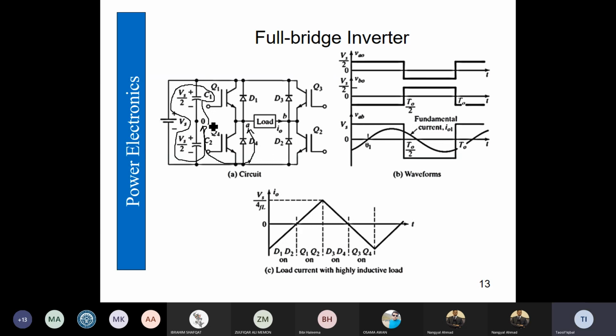This is basically a virtual ground. So therefore, we will be getting the voltage as Vs by 2 and minus Vs by 2 when we are connecting and operating the full bridge. So how we are supplying: we have to switch on Q1 and Q2 together.